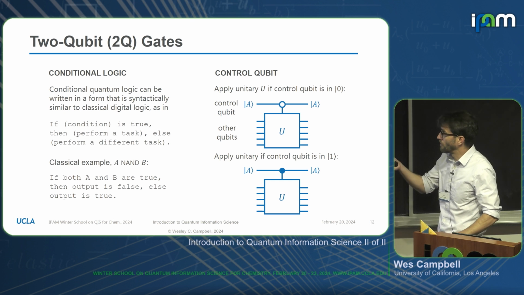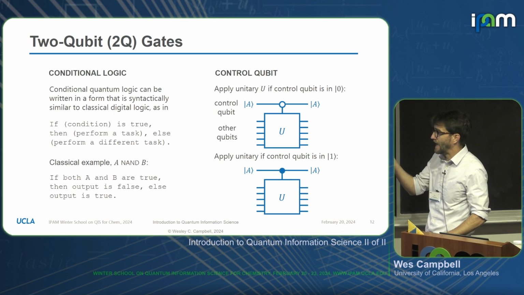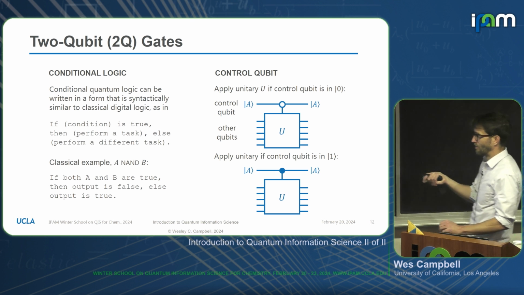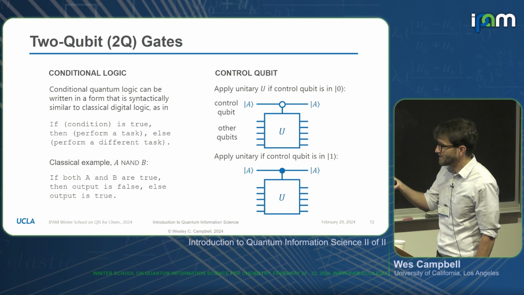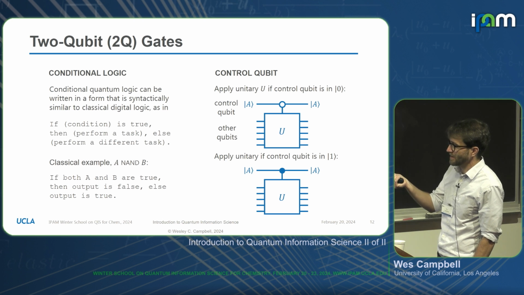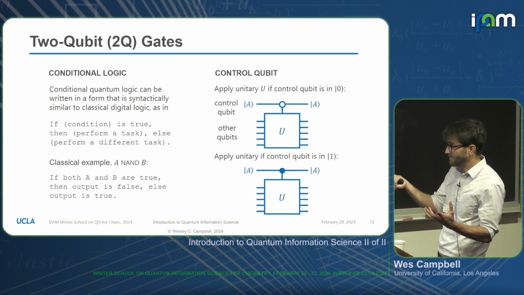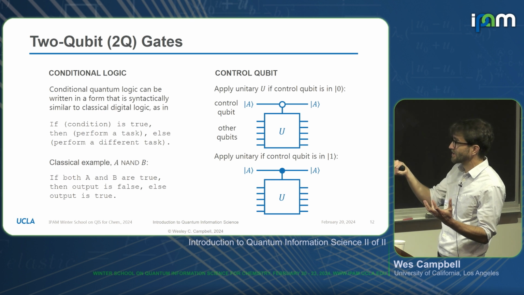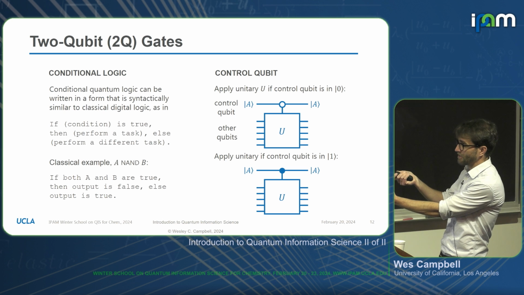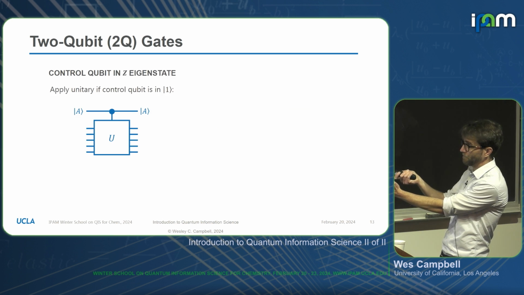Okay? You're controlling it based on the state of qubit A, but this is not a measurement and then do a thing. Okay? What you do is you apply this unitary here in this upper example to the subspace of the system that corresponds to qubit A being in 0. The subspace of the system that corresponds to qubit A being in 1 gets the identity operator.